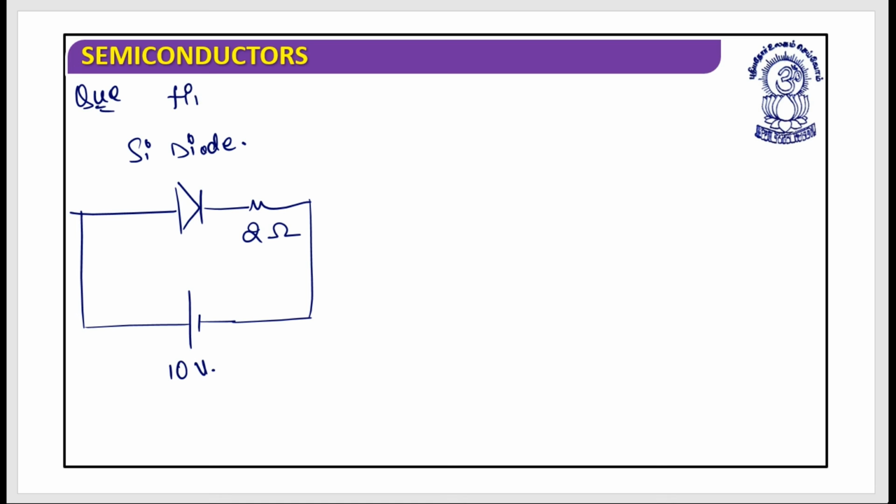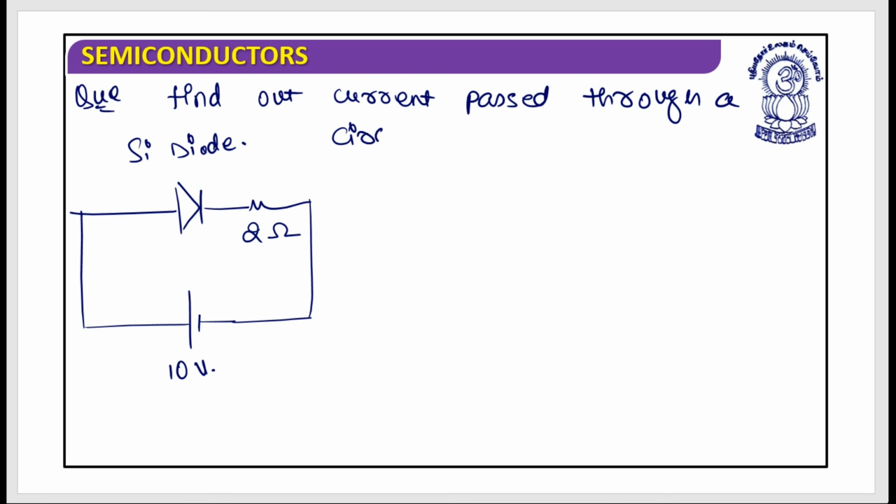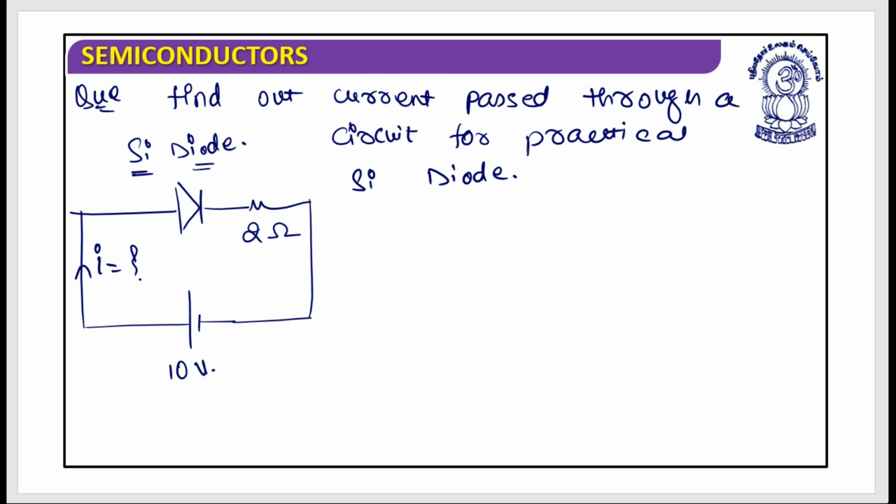They said find out the current passed through a circuit for a practical silicon diode.